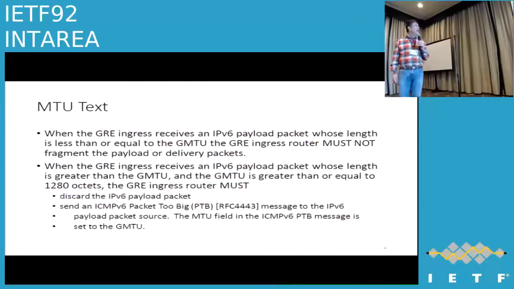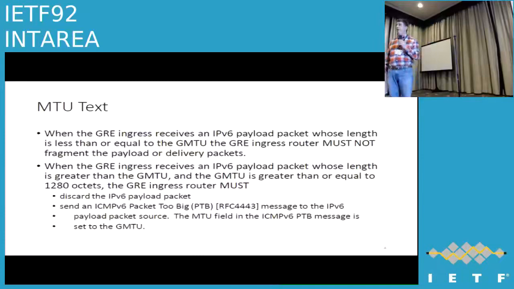Now, when the GRE ingress receives an IPv6 payload whose length is greater than the GMTU, it means fragmentation has to happen, and the GMTU is greater than or equal to 1280 octets, the GRE ingress router must discard the payload, send an ICMP PTB back to the origin, and the MTU field should be set to the GMTU.